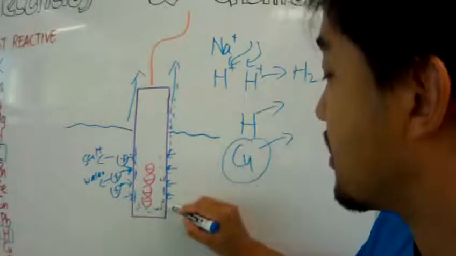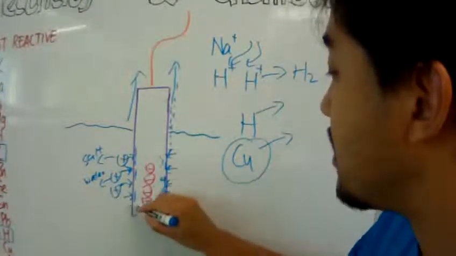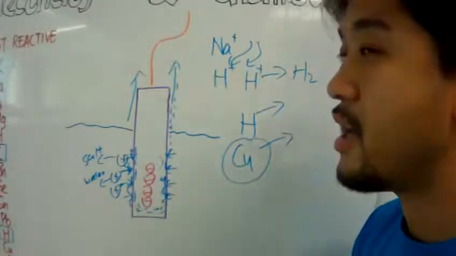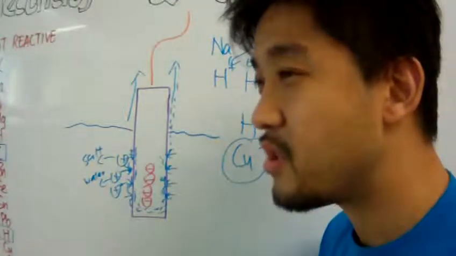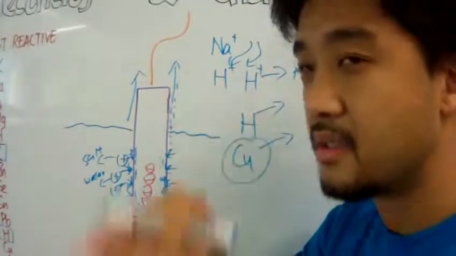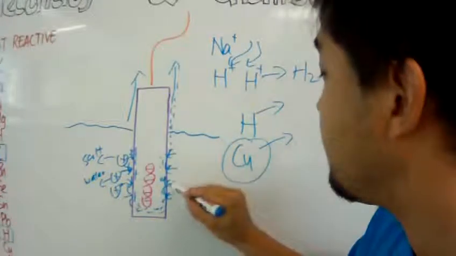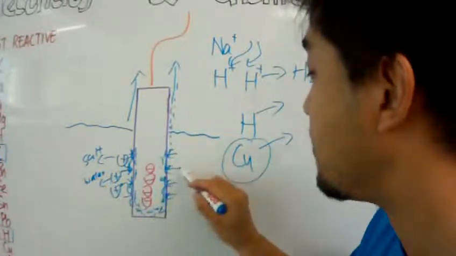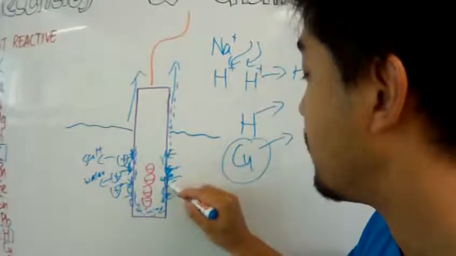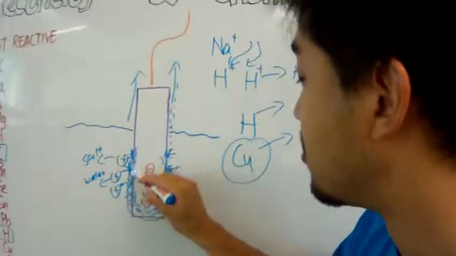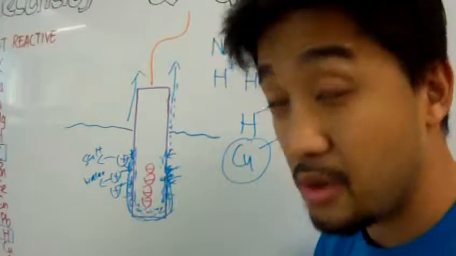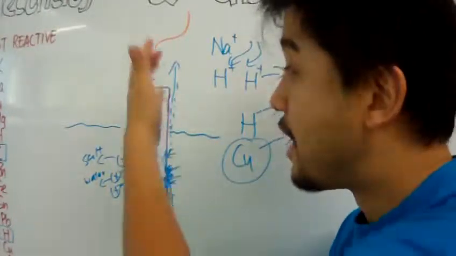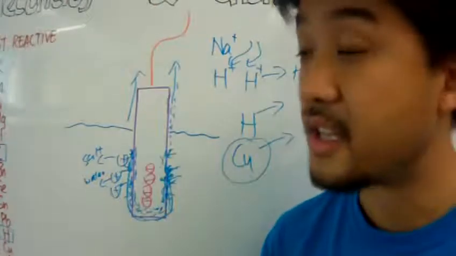So copper is going to get deposited around the electrode. You're going to do more research about which electrodes we're going to use, but that's outside the point of view. So copper is going to get attracted to the electrode, and copper metal is going to form deposits around the electrode. So that's it for what's happening at the other side.